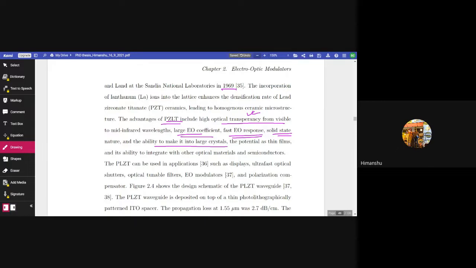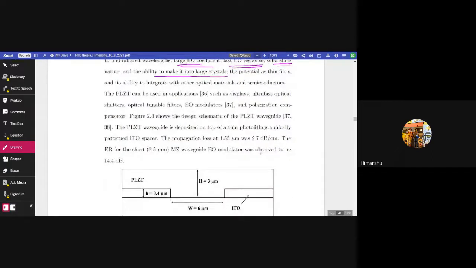The PLZT can be used in applications, reference 36, such as displays, ultrafast optical shutters, optical tunable filters, EO modulators, reference 37, and polarization compensators. Figure 2.4 shows the design schematic of the PLZT waveguide, references 37, 38.